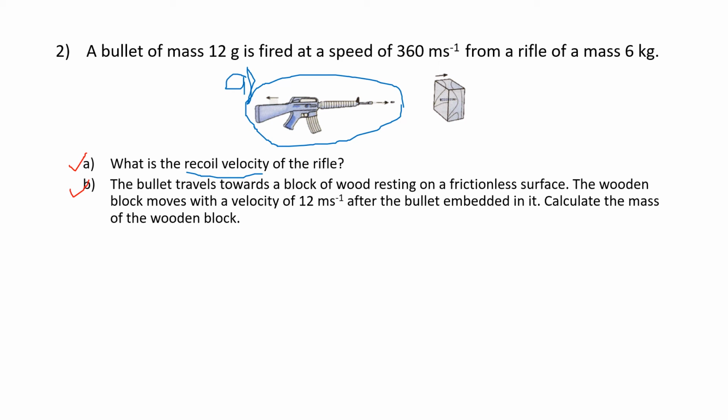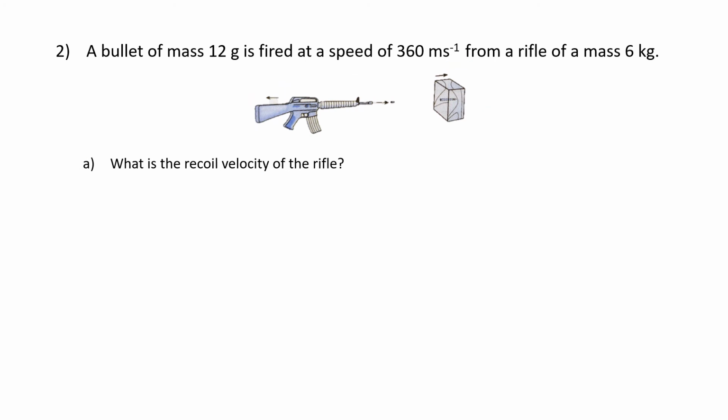While B, the bullet travels toward a block of wood, is this part, which is the situation of collision. But which collision? Is it elastic collision or inelastic collision? You can see here, after the bullet collides with the wooden block, the bullet is embedded in it. So this means that this is an inelastic collision.